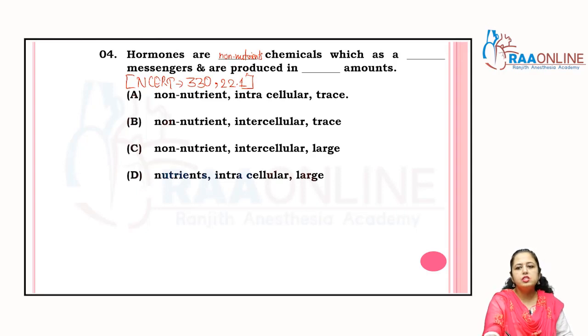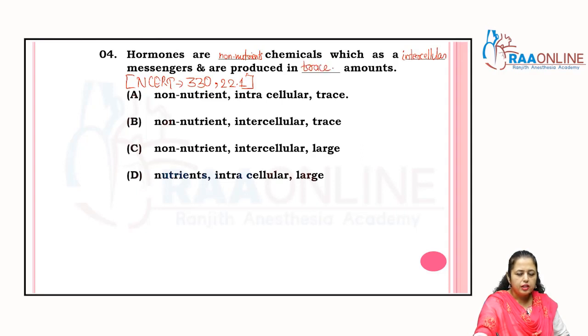Non-nutrient chemicals, which act as which kind of messenger? That is the intercellular messenger, right? And are produced in little amount, or we can say in trace amount, because in NCERT that language is used, right?